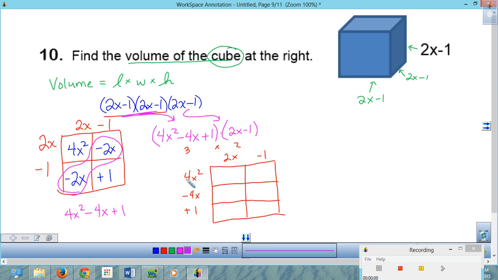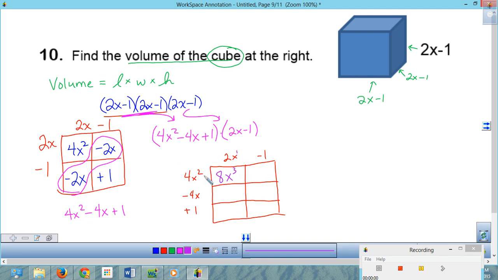Okay? 4 times 2 is 8. And then the x squared and 1 gives us x to the third, because there's 2 here and 1 there. And let me erase this, because that should not be here.